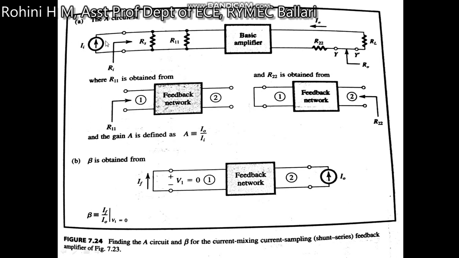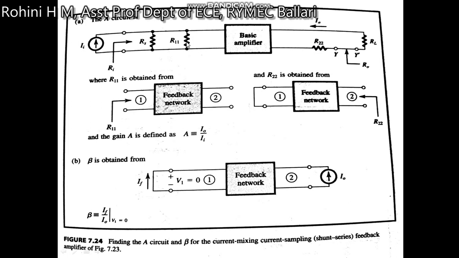So you can see here input is II, output is I0. Here the series resistance RS is connected. Here is the input resistance Rin, and here the output resistance looking into the network from these 2 points, that is R0. The load resistance, the resistance connected from port 2 to port 2, is R22.